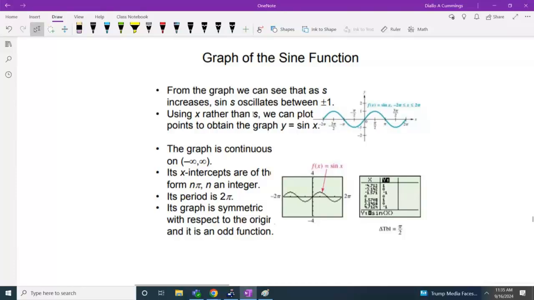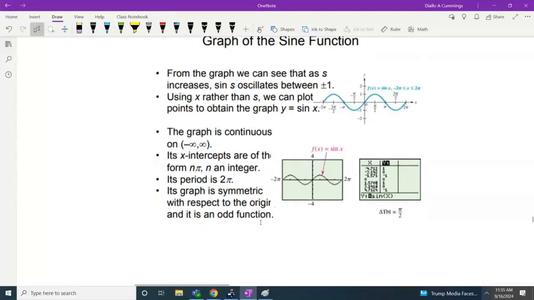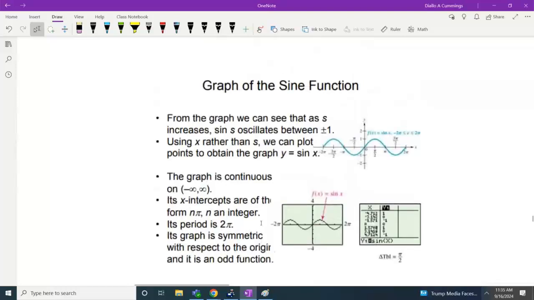Now here's just some background about the sine function. And the only thing that's really important to this class is the fact that the sine function is an odd function. So now once we get into module 3, it talks about odd and even. And in the notes, you don't see it anywhere in module 3.